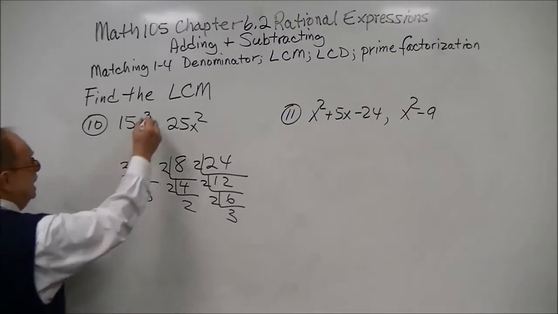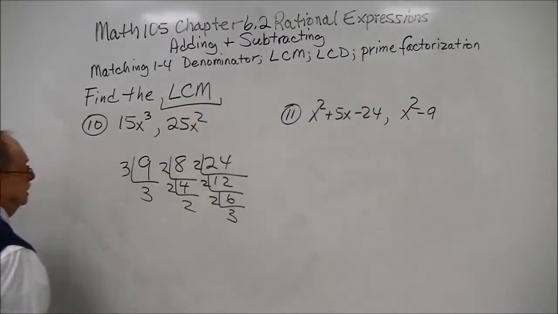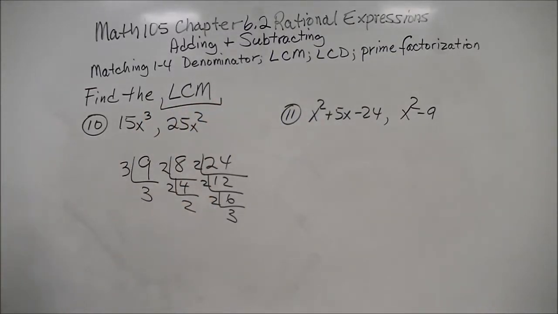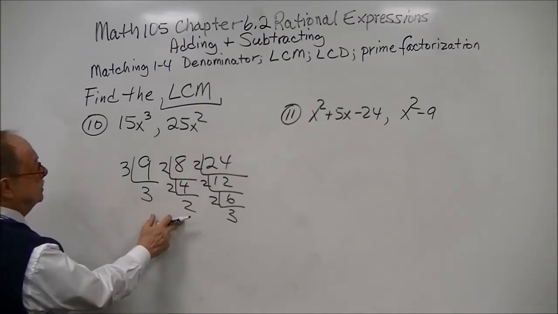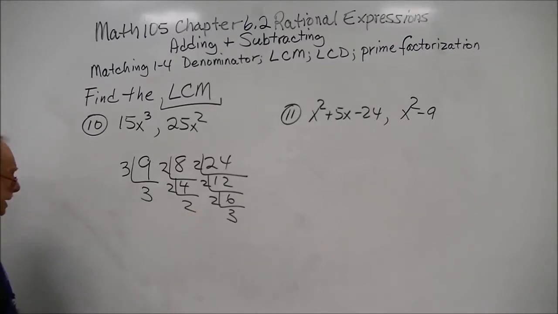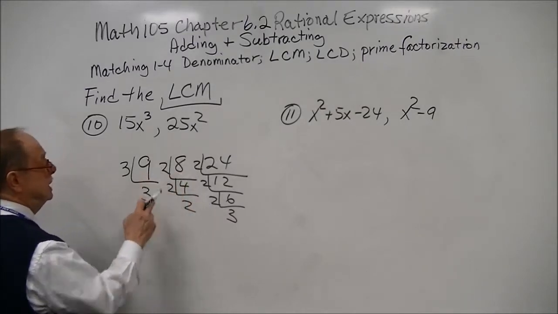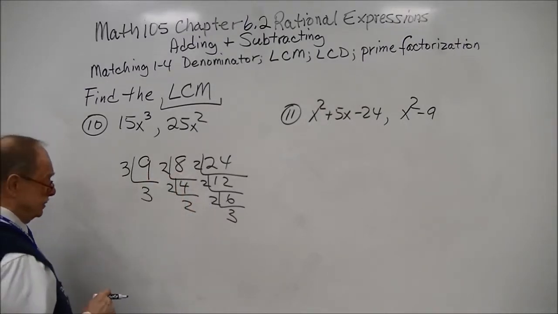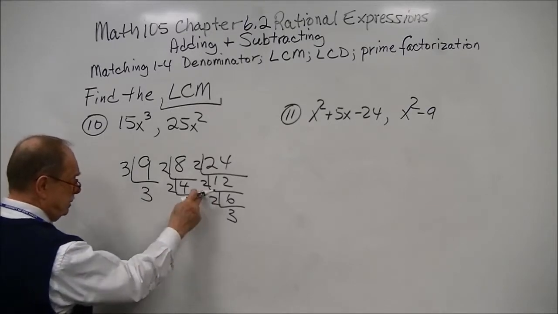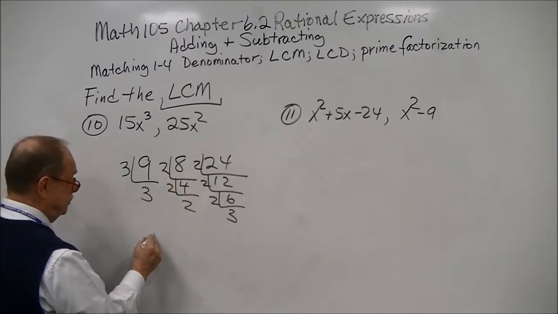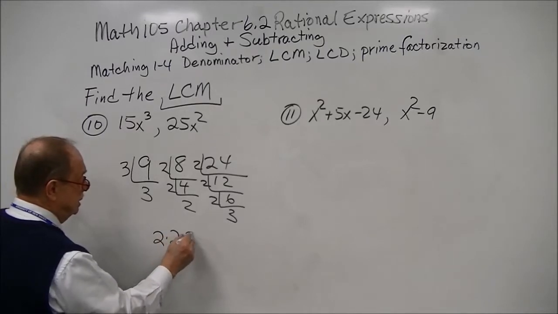Now, what would be my least common multiple of those three numbers? Well, you have a factor of 3, a factor of 2, and a factor of 3. So what is the greatest number of times that a 2 is used in any one factorization? Well, here it's used 3 times, so I'll need 3 of them: 2 times 2 times 2.